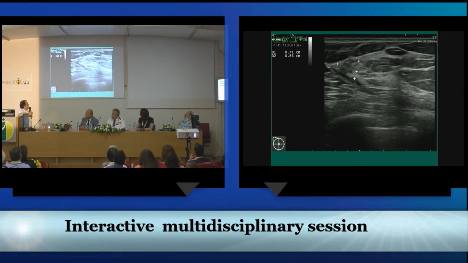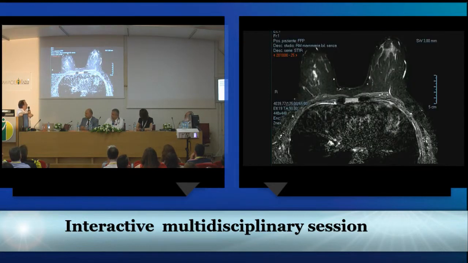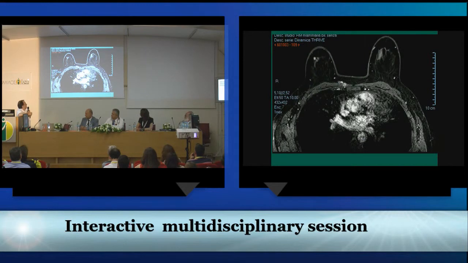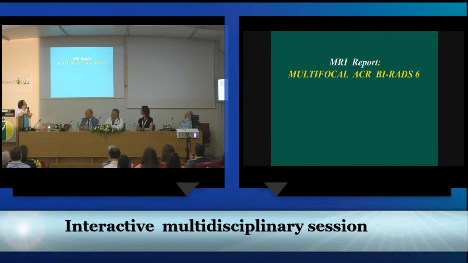It's suspect, it's not clear, and because there was a great difference in surgical proposal, from the previous central quadrantectomy to a skin-sparing mastectomy with immediate reconstruction, we performed magnetic resonance imaging. Magnetic resonance imaging gave this report with a diagnosis of multifocal disease.